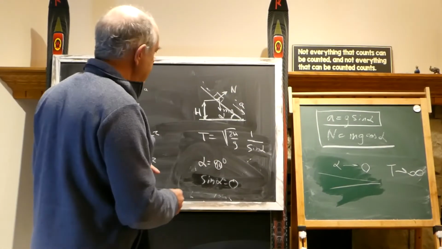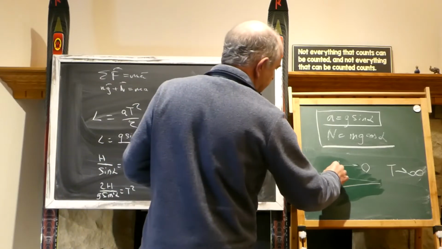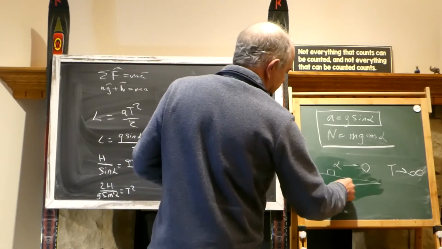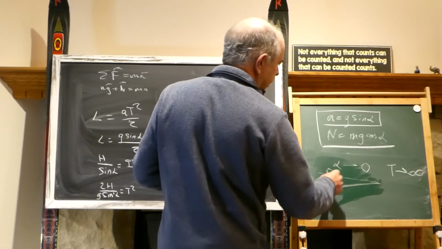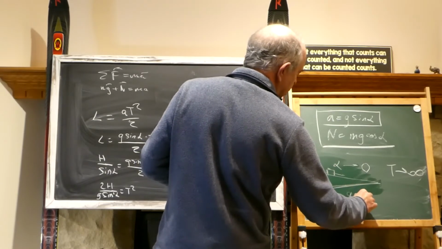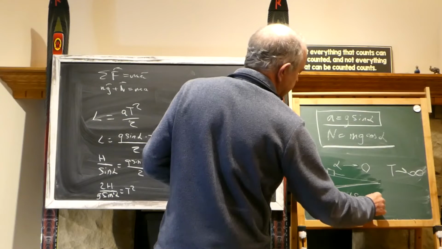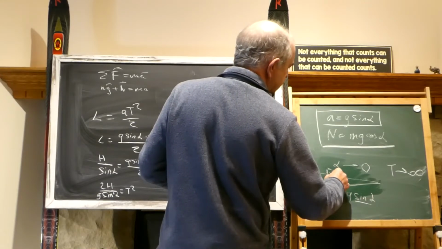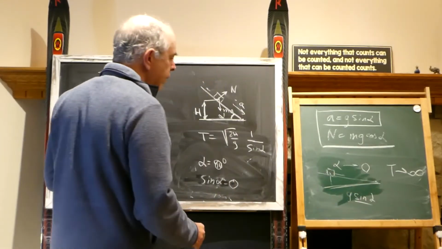It makes a lot of sense, because if this is a really very flat incline, then this acceleration g sine alpha is very small, because sine alpha is very small. But this distance is very big, right?